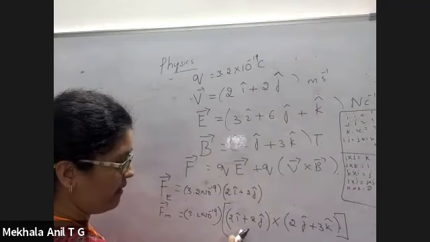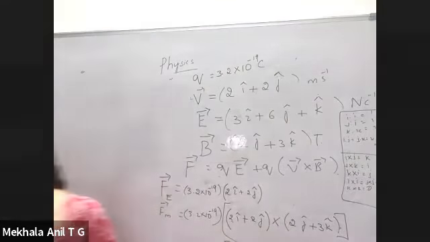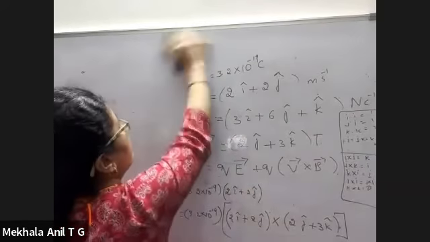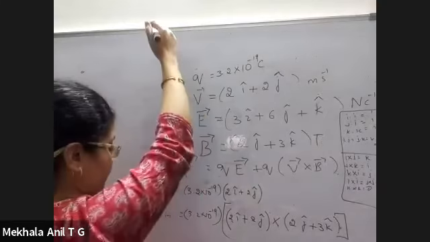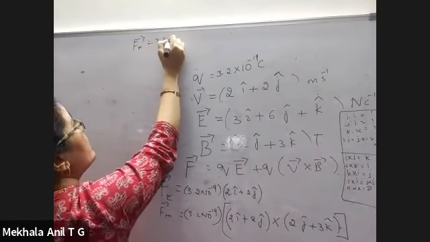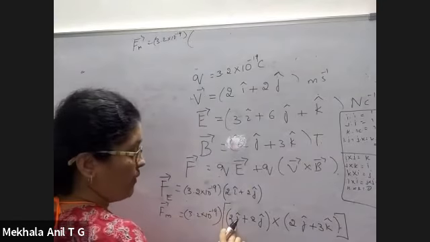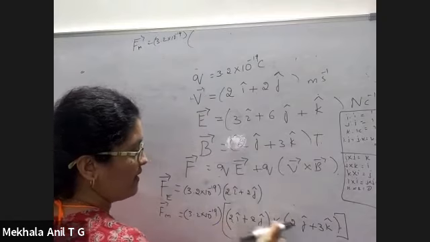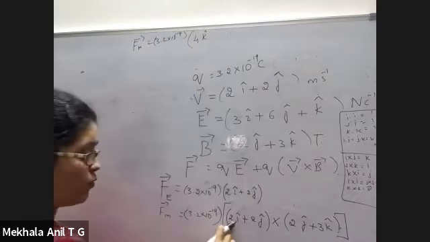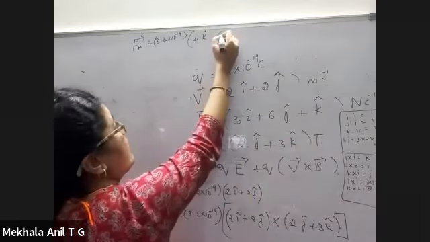So therefore, what is i cross j? It is k. I think this is not visible to you, I will do it here. So FM will be 3.2 into 10 power minus 19 coulomb. So 2i cross 2j will give you 4k cap. 2i cross 3k will give you 6.